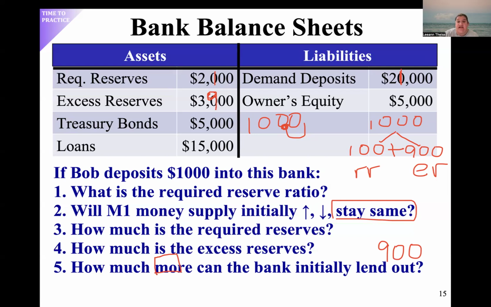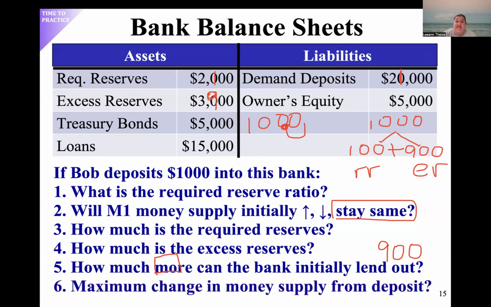Okay, what's our last question? The last one says, what is the maximum change in the money supply from this deposit? So now we have to do some calculations. Let me think about where I can write this for you so you can see it. I'll make room.